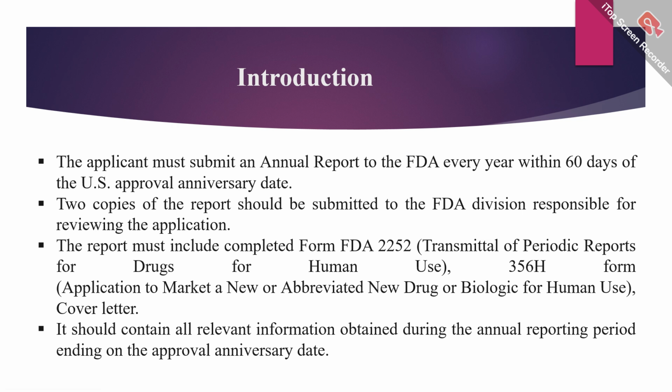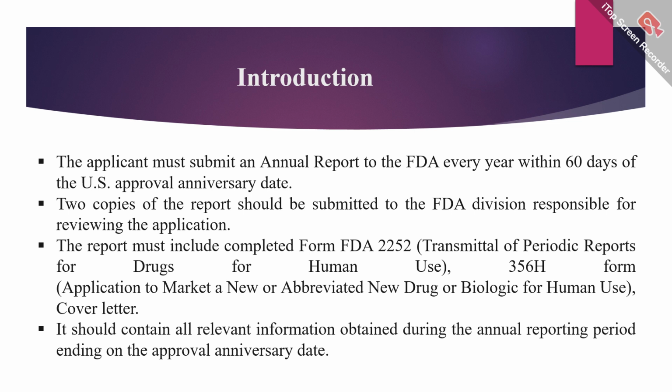Suppose I got an ANDA on October 20, 2024, then I have to submit the annual report after the cutoff and within 60 days, only then. Otherwise FDA will raise a question why you haven't submitted the annual report. If we still don't respond, then FDA will stop the commercialization of that product.